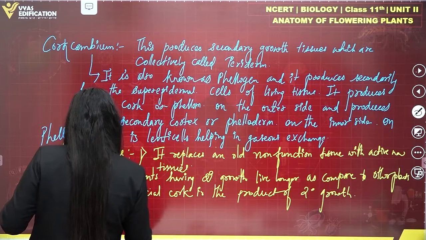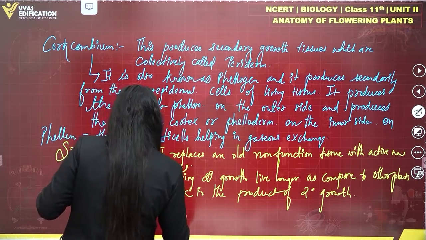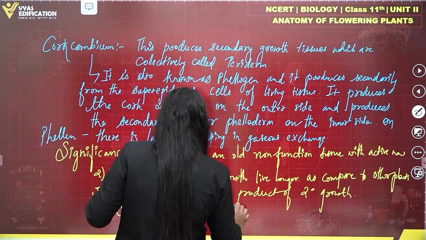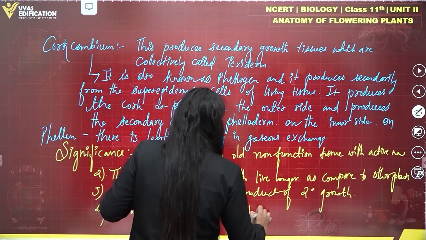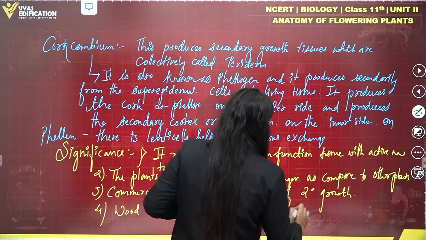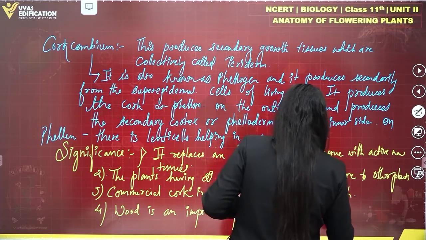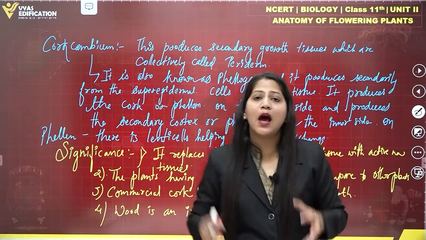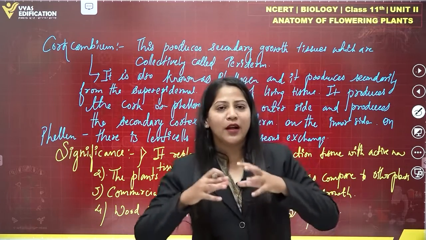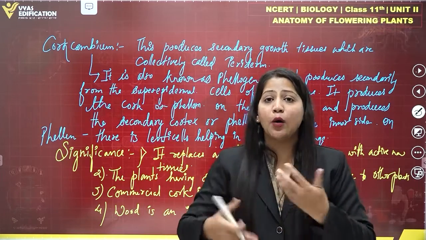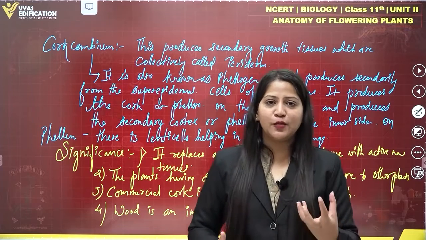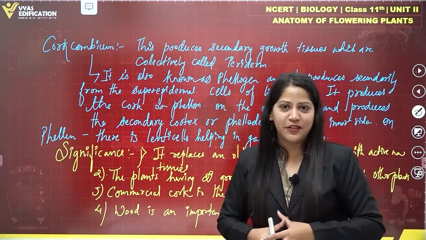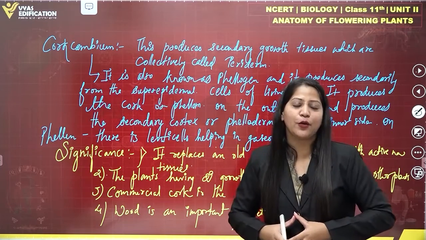So this wood is an important product of secondary growth, right? So with this we have completed the whole answer of question number 3, how the secondary growth takes place in dicot stems of angiosperms along with its significance. So this is the complete solution of question number 3.